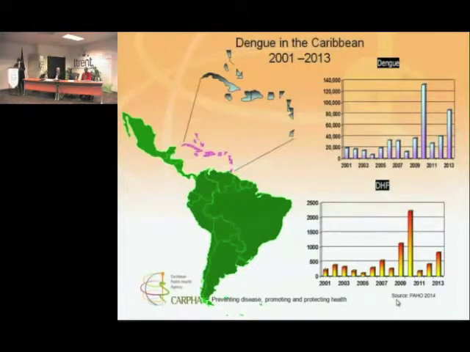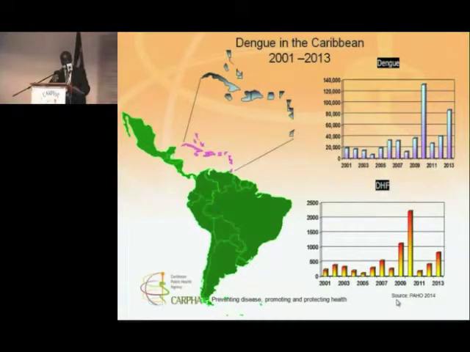This is now more specific to the Caribbean, and on the left, this is the Caribbean here, clearly, and what we have are dengue at the top, and dengue hemorrhagic fever a little bit lower down. The dengue hemorrhagic fever, as some of you will know, is now more correctly called severe dengue.